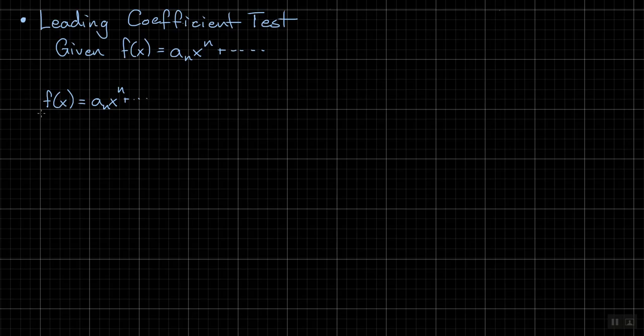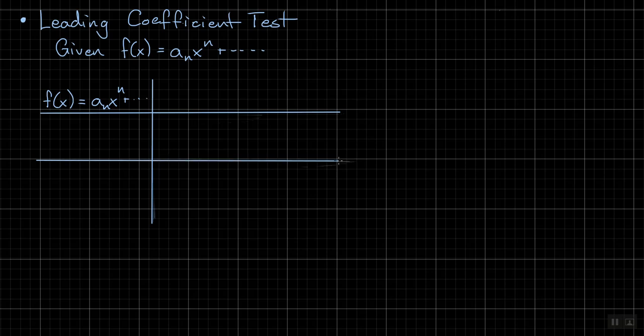Now, if I asked you to identify the leading coefficient of this function, can you? So let me rephrase, because I guarantee you can. With your neighbors, tell me, for this particular function, what's its leading coefficient?